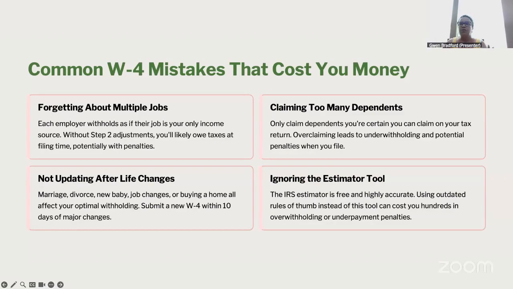And also, the credit could be if you have, say, an older kid that's 17 or older, you're taking care of that kid. It has to be your dependent. You can take a $500 credit on your W-4 for that.